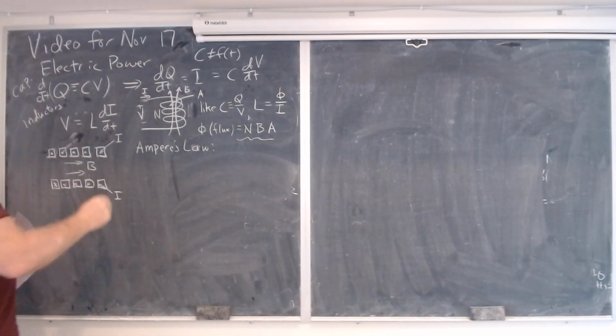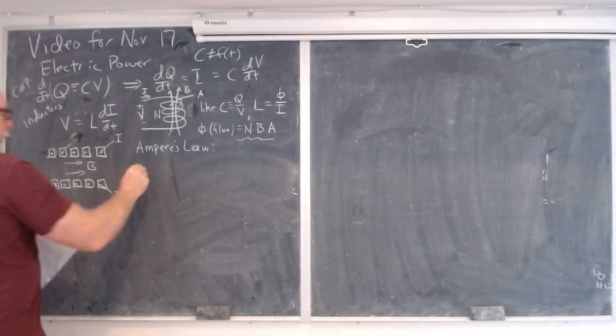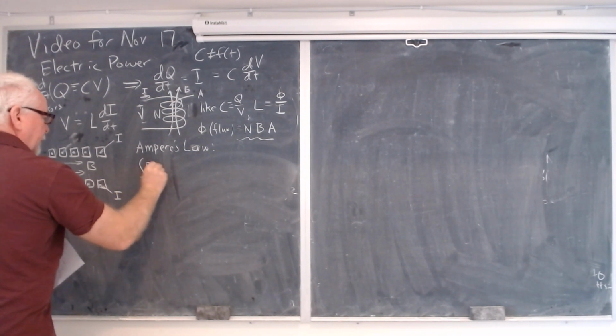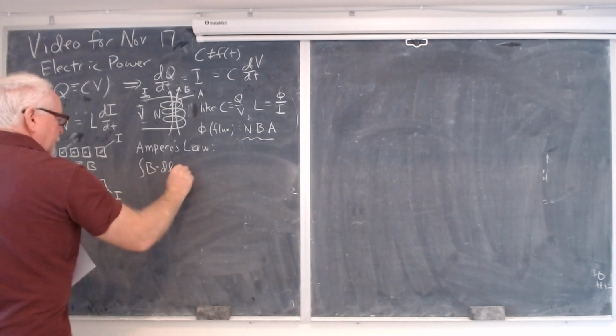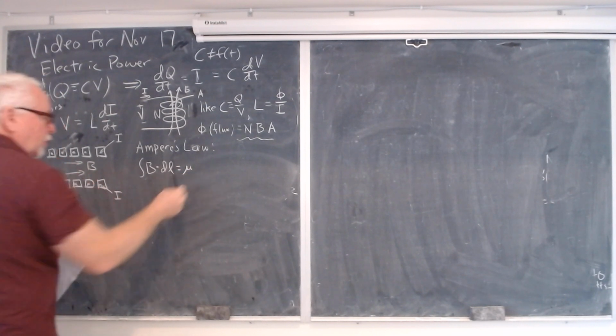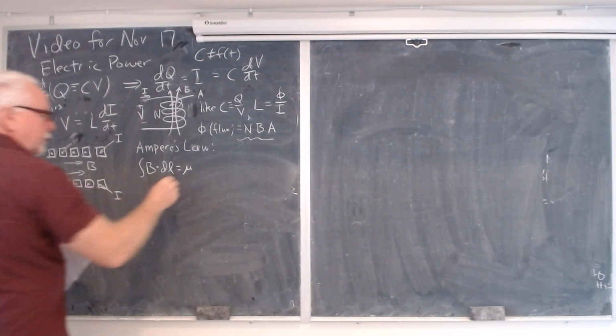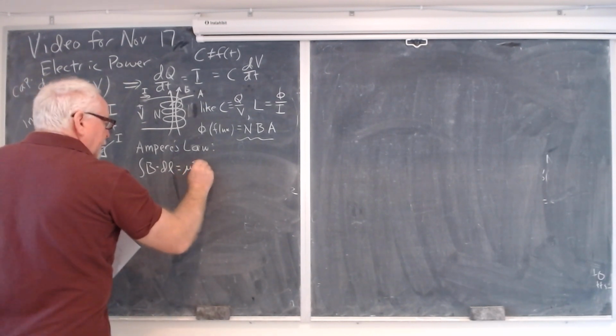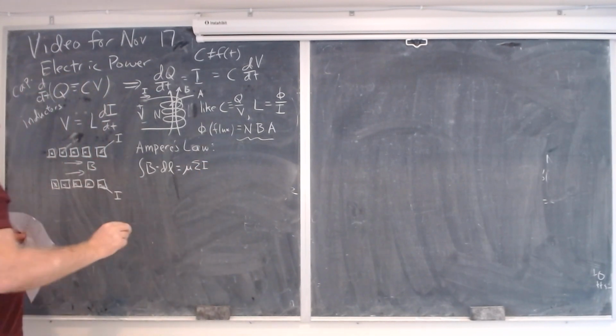All right, and so Ampere's law is that the integral of B dot dl is equal to mu times the total current enclosed.